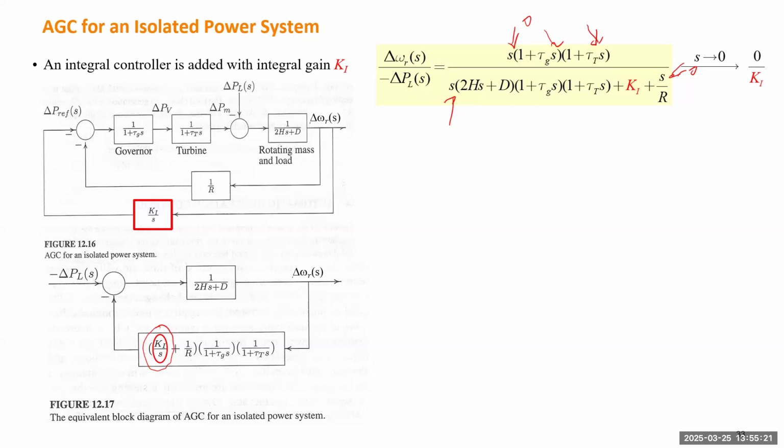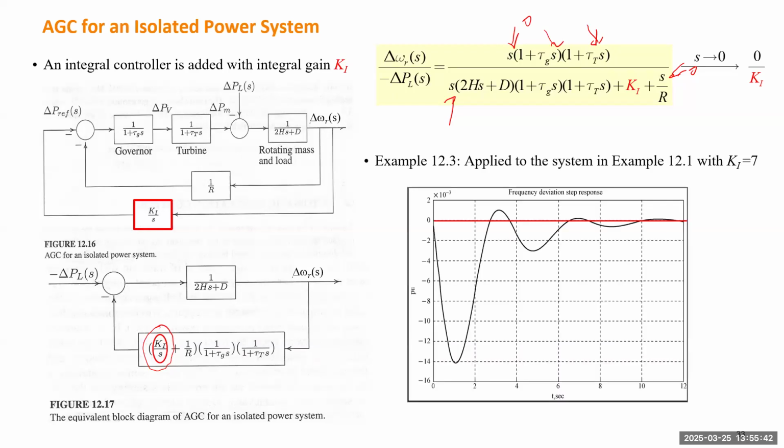So this one can be 0, which means the frequency deviation with this integral controller will be 0. Definitely, if you can stably go to that final steady state condition, then that frequency deviation will be 0. But if your control system loses stability, that's another story.